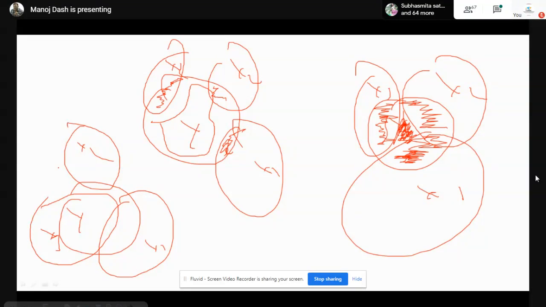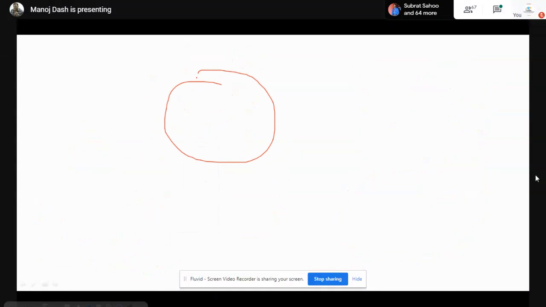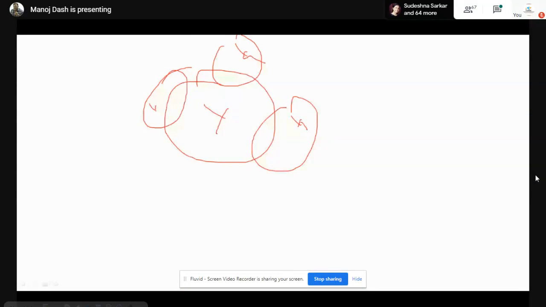But here what happened? The majority of Y is explained by X1, X2, and X3. Now, if I go for the numerical value, this is Y, this is X1, this is X2, this is X3. Consider R square is equal to 0.20. What does it mean?